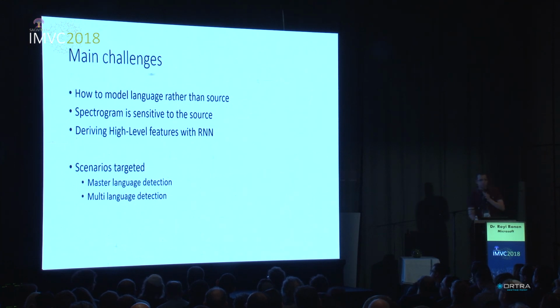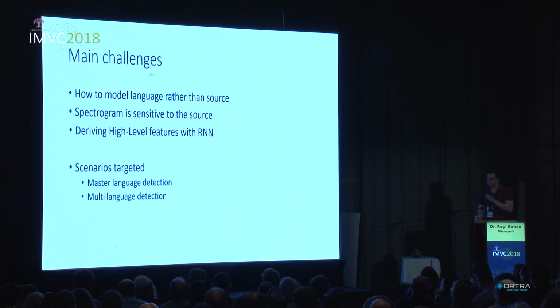The spectrogram representation is very sensitive to the source, so you have to have a lot of very diverse sources in order to cancel these effects. Otherwise, you'll just be modeling that this is coming from television and this is coming from phone, and all those aspects. And also trying to derive higher level features, which is our current work.